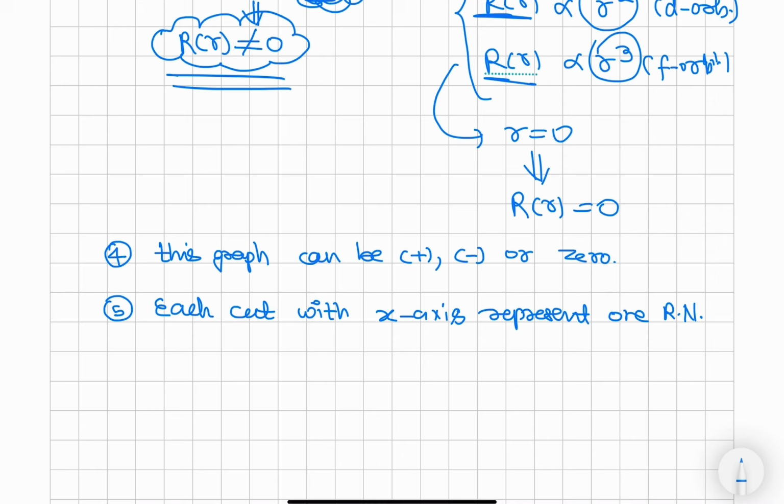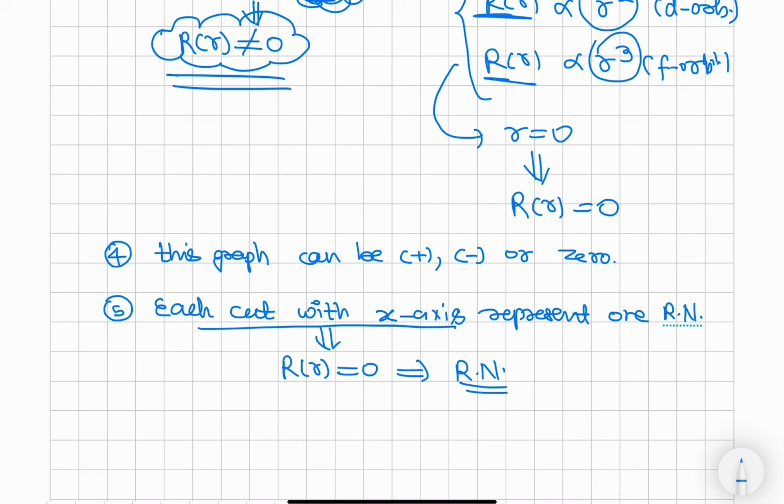Because when the graph cuts the x-axis, the value of R(r) is 0, which represents a radial node, since at a radial node the value of R(r) is 0.